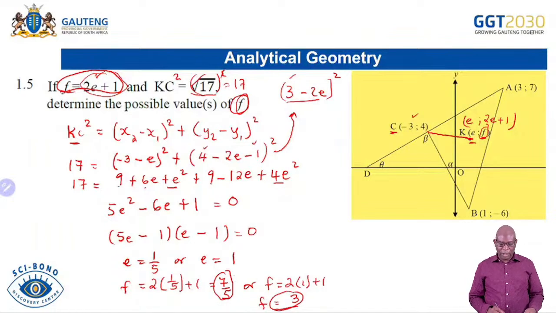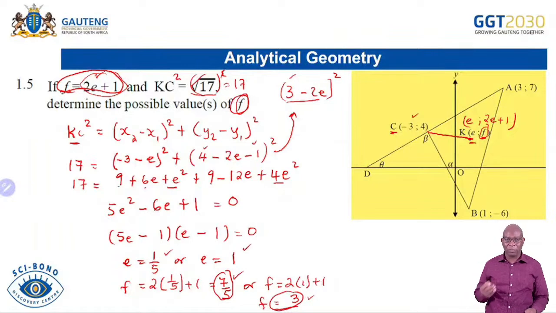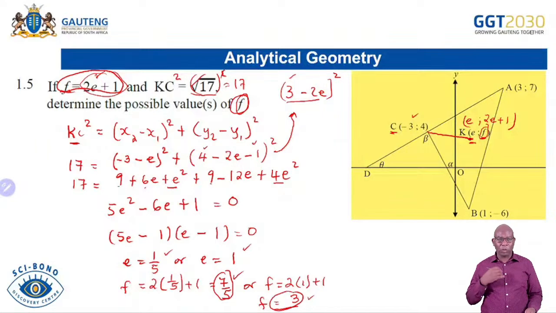So if I look at the F here, it's positive. I take both of them, and both will be correct for that value of F. Even the E values are also positive, so I'll have E positive, F positive, and that is what was asked in the question. So this question is a bit of a challenge. Please make sure that you first understand how to do it, and then you do it.